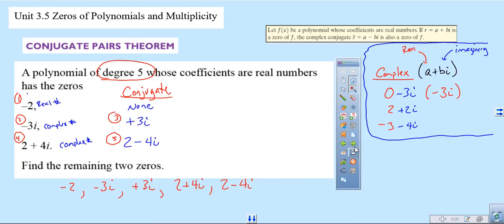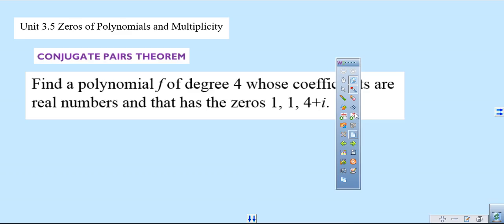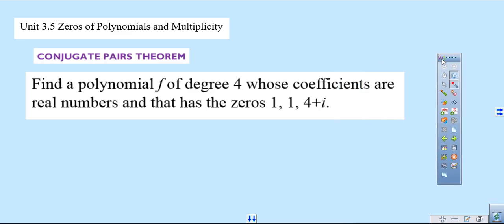Now let's carry that over one more time and practice with one where I give you some zeros and ask you to find the rest. Same concept. I'm looking for a 4th degree function. My zeros are x equals 1, x equals 1, and x equals 4 plus i. So we're looking for the 4th one.